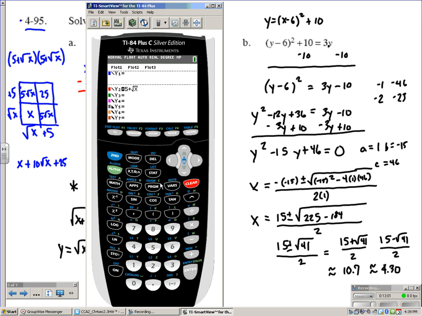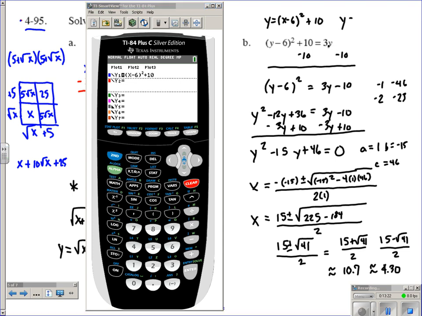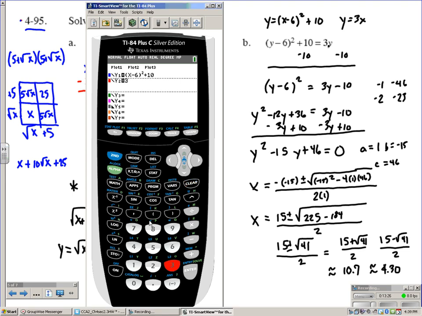So let's do x minus 6, square it, and then add 10. And then for the second one, instead of y equals 3y, it'd be y equals 3x. If you have questions about that, make sure you ask your teacher.